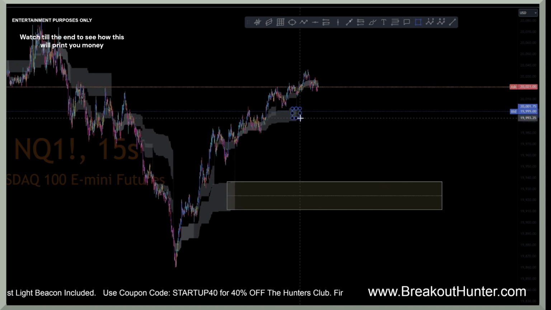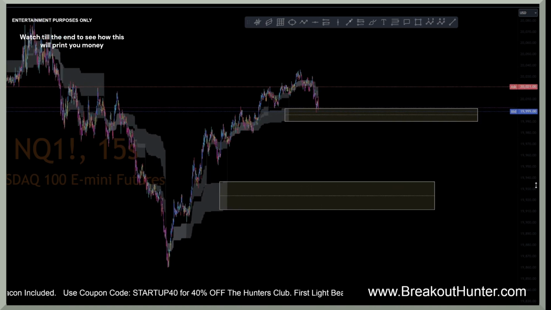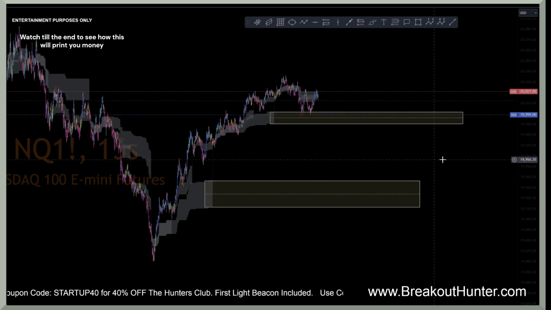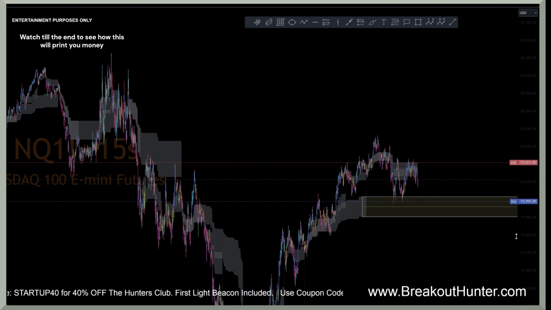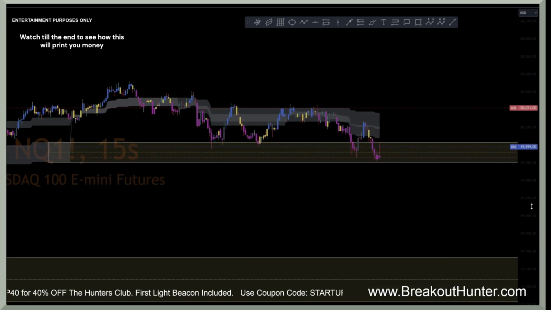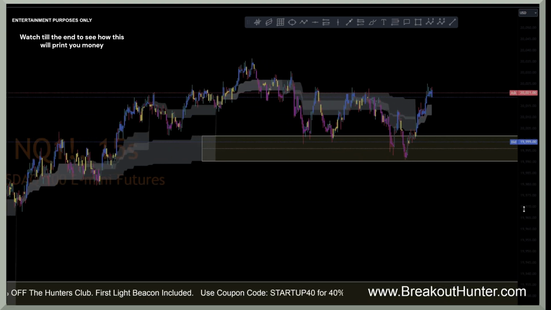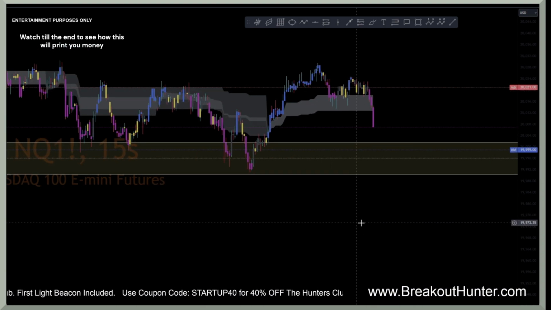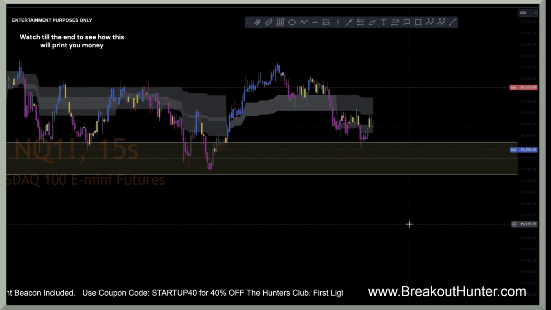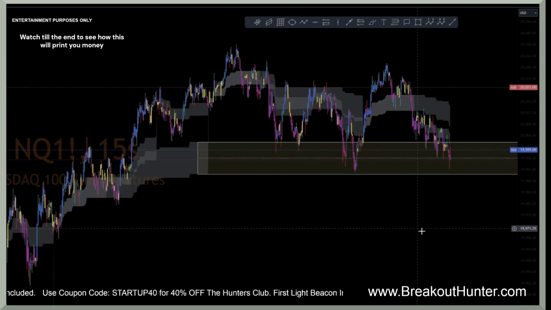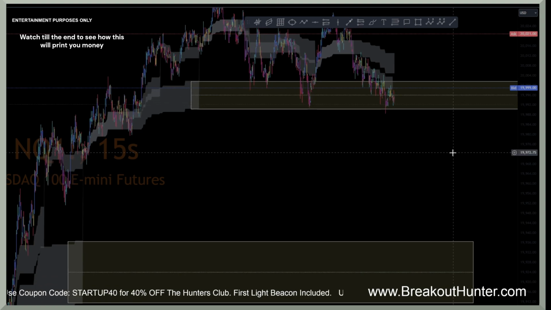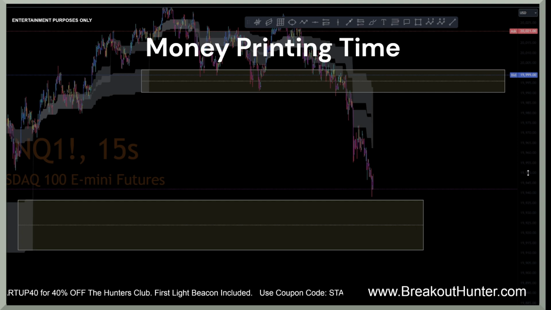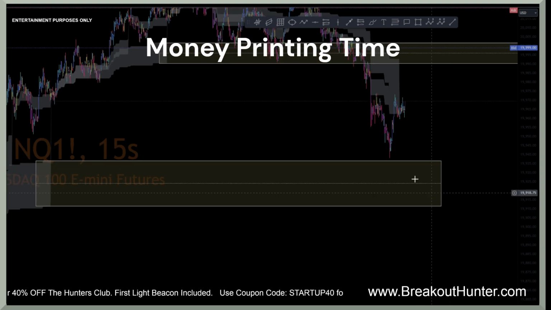So every time the zone's created, here we go. Our deep pullback's coming, I think. Yep. See that right there? See that?